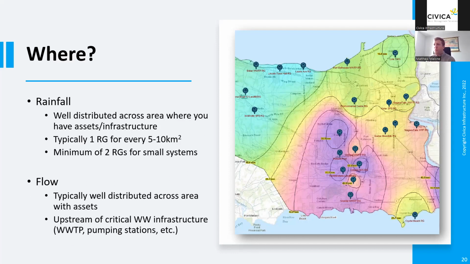And then for flow monitoring, we go into a lot of detail on this, and I'm sure as we go through the next few webinars in the series, with modeling and I&I in mind, we'll talk about where we typically put flow meters. In the basic sense, we're trying to put them at least upstream of some of our critical wastewater infrastructure, so your treatment plants and your pumping stations, and then distribute them across the system as much as possible.